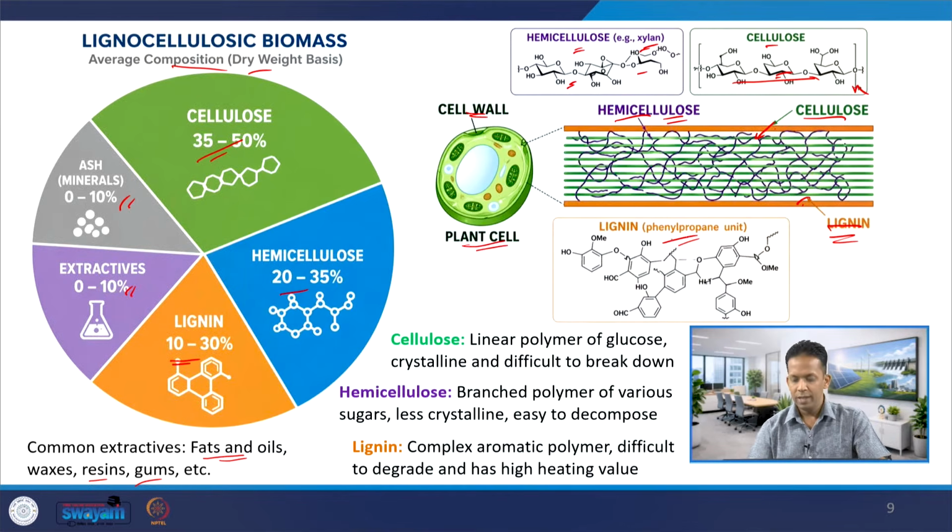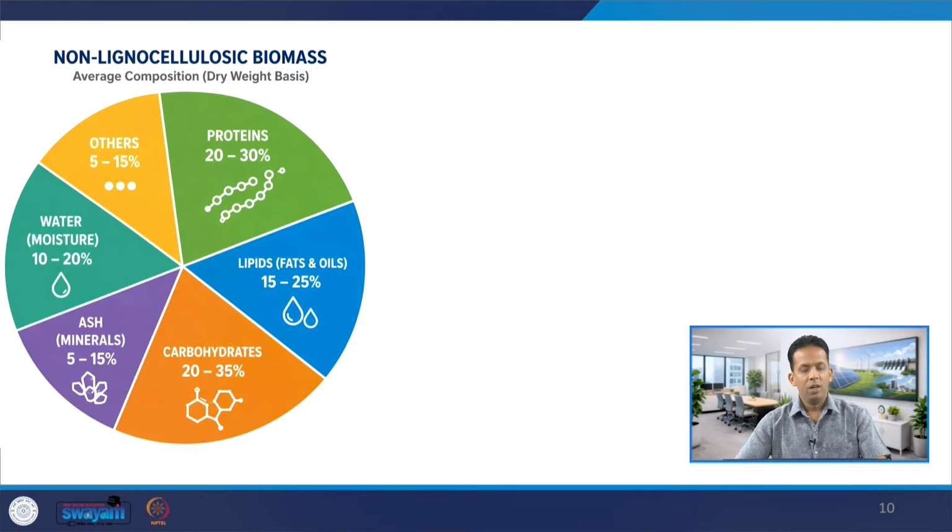Whereas lignin, this is one phenylpropane unit. It is a complex aromatic polymer, difficult to degrade, and it has high heating value. So whatever solid fuel we are getting from biomass will be mainly because of lignin, and whatever gaseous fuels we are getting from biomass, the main contributors would be cellulose and hemicellulose.